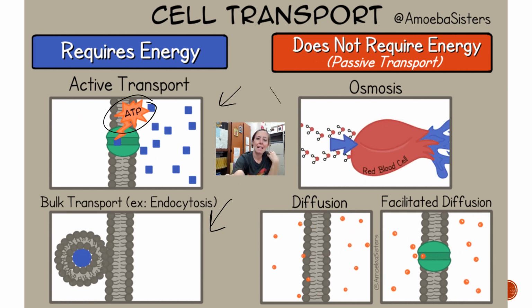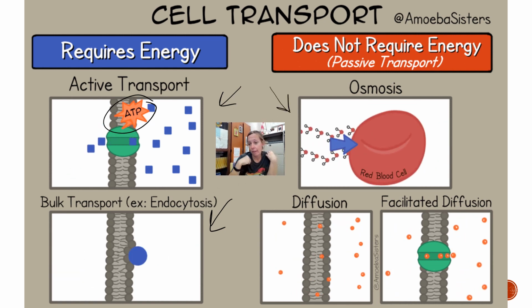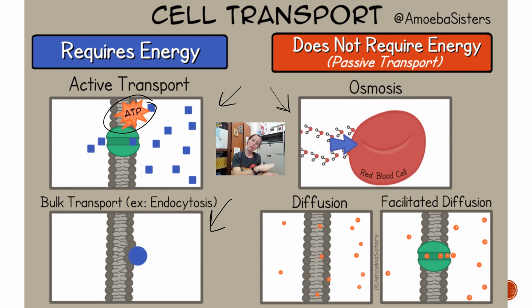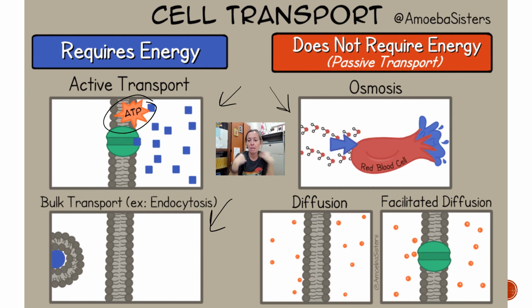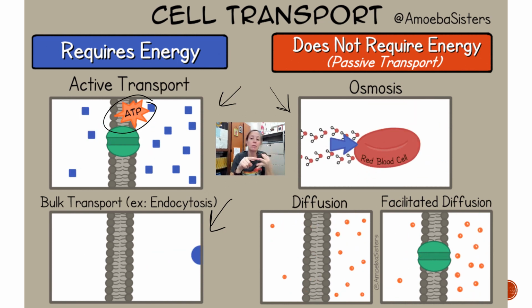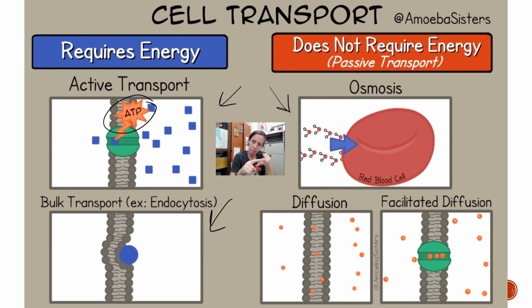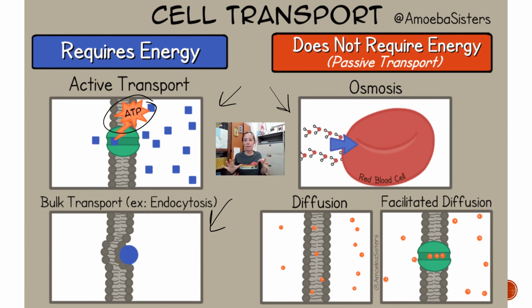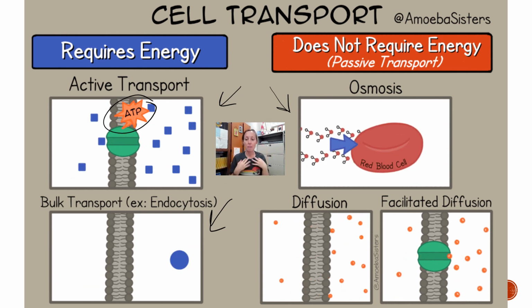Whereas these ones don't require energy. They go from a high concentration to a lower concentration. They're going down, or with, the concentration gradient, and you either move water, things diffuse by themselves, or you use facilitated diffusion and you have the help of a protein. Okay, so those are our different types of transport. And what we were transporting this week was oxygen using the respiratory system.